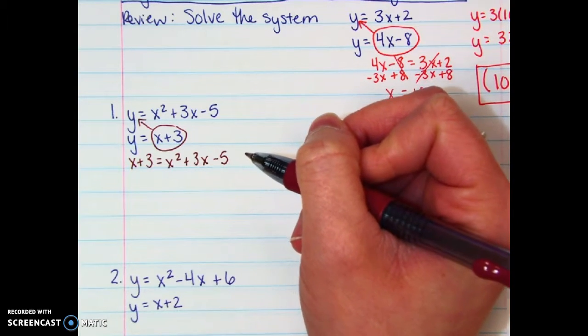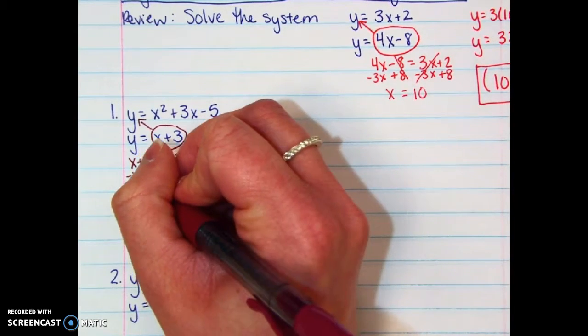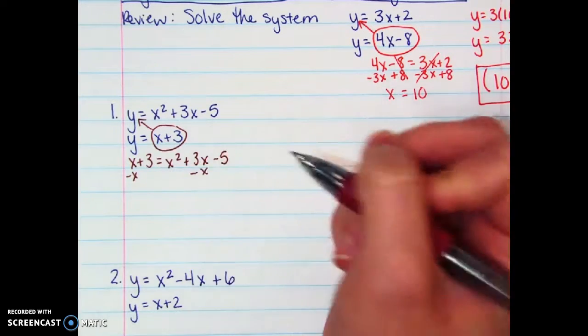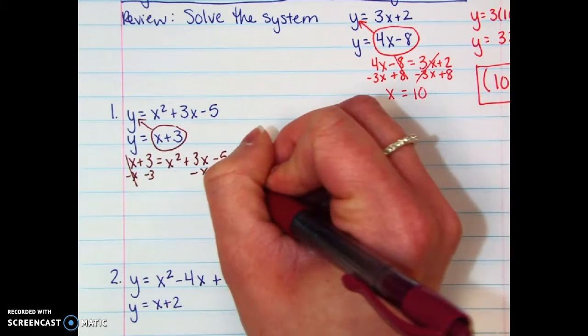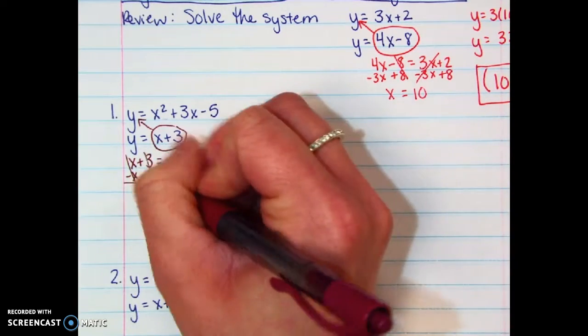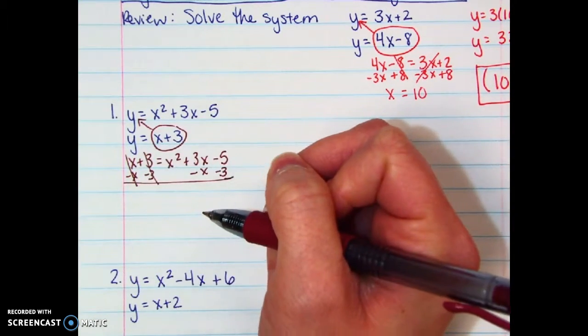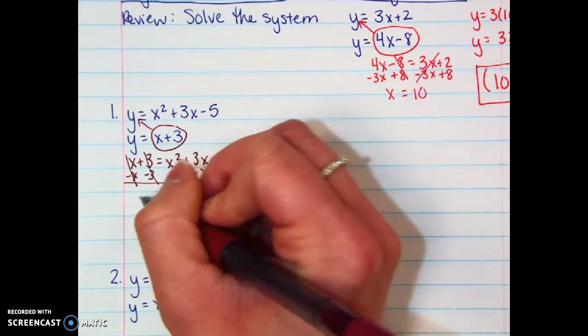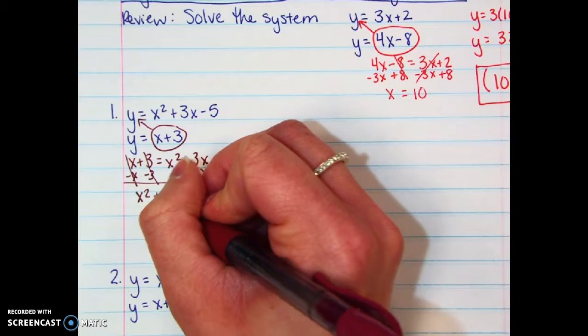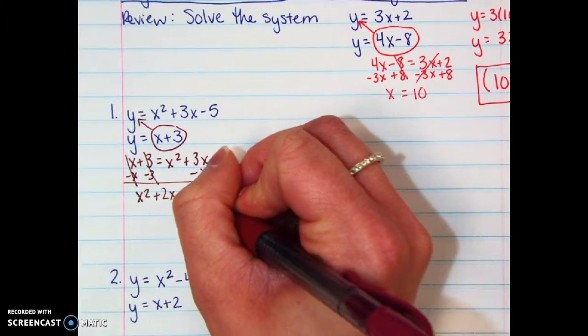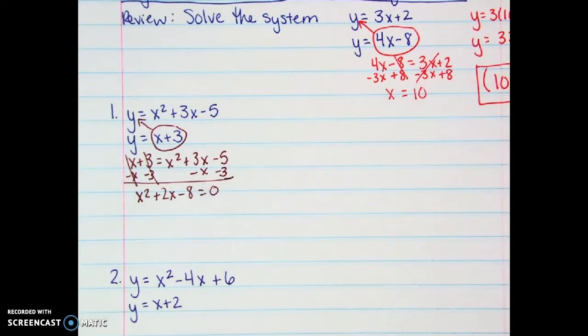Okay, now I need to get everything on one side. So I'm going to subtract x and subtract x. In the same step, I'm going to subtract 3, subtract 3. That gets me x squared plus 2x minus 8 equals 0.